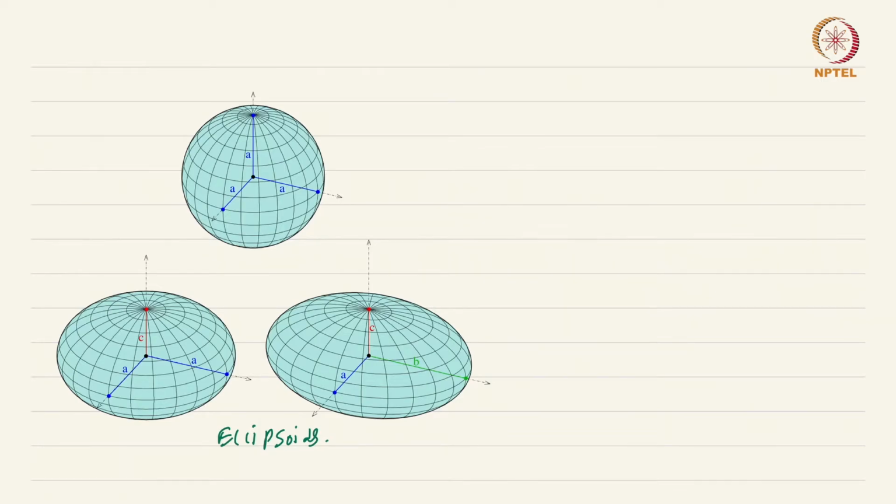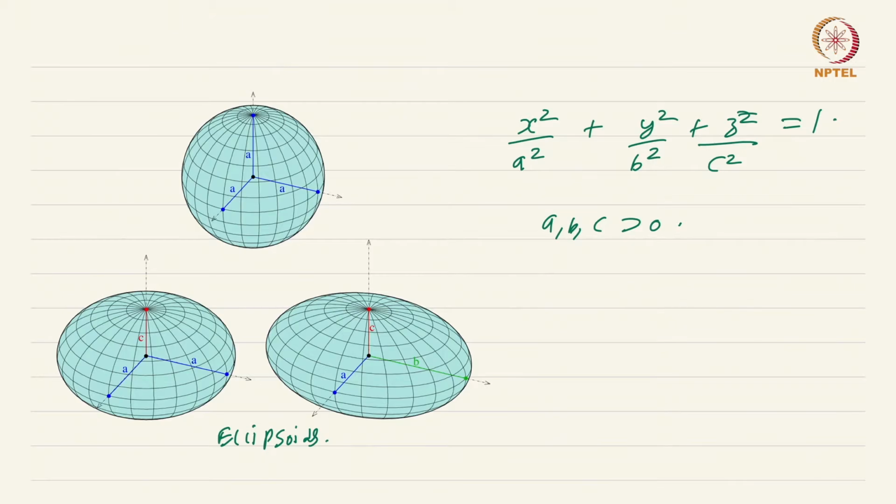What is the function that is going to give rise to these ellipsoids? Let's just say that in R3 it's x squared by a squared plus y squared by b squared plus z squared by c squared equal to 1, where a, b, c are numbers greater than 0.